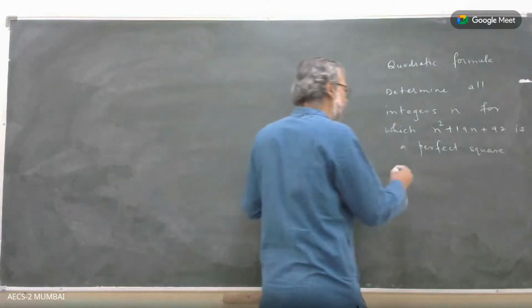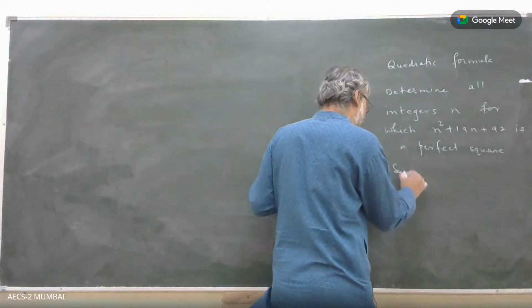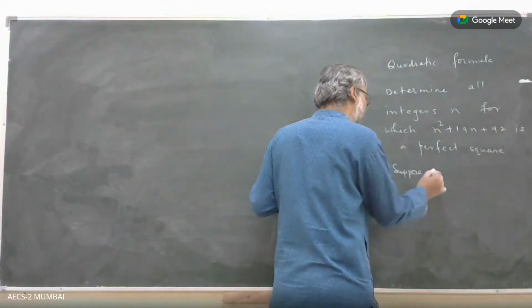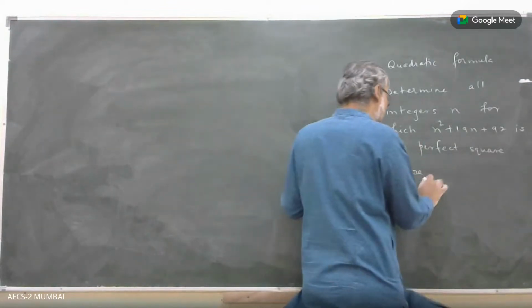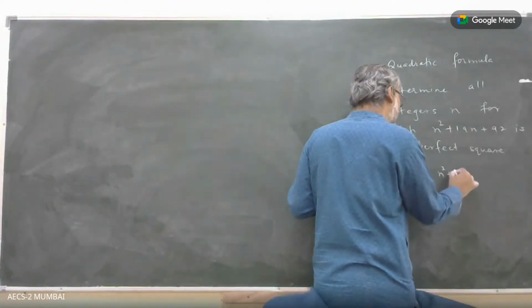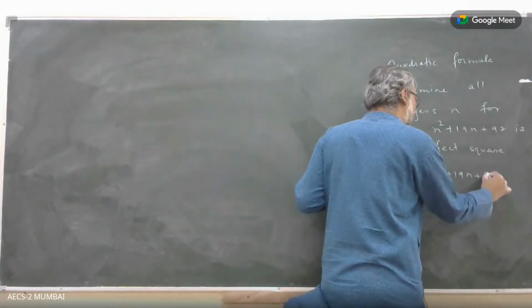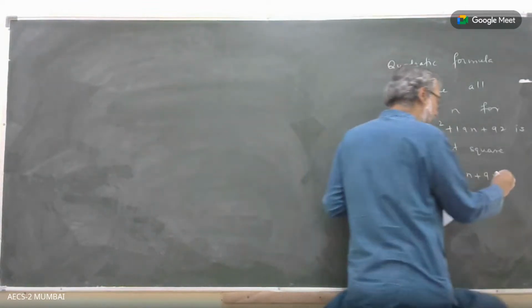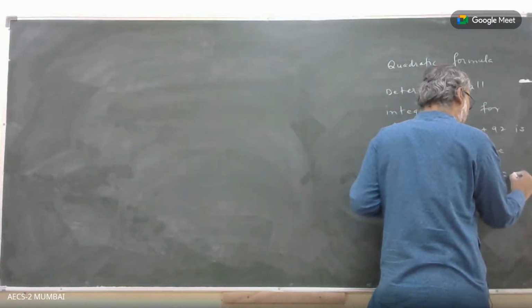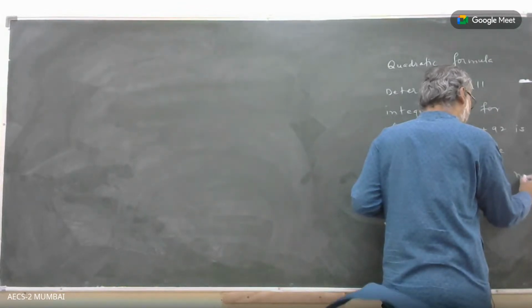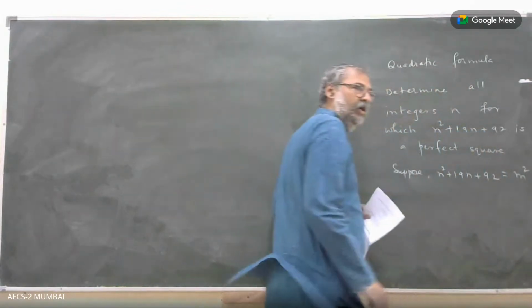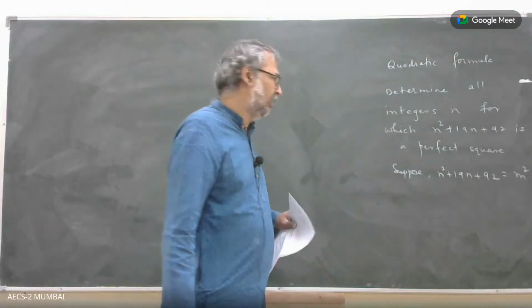Yes, the idea is the following. You can write down with me because there is some calculation involved. Suppose n square plus 19n plus 92 is some square, right? Is equal to say, what can I say? m square.